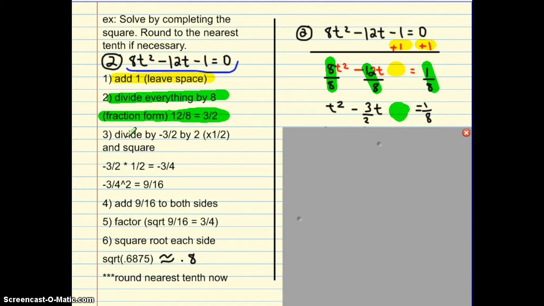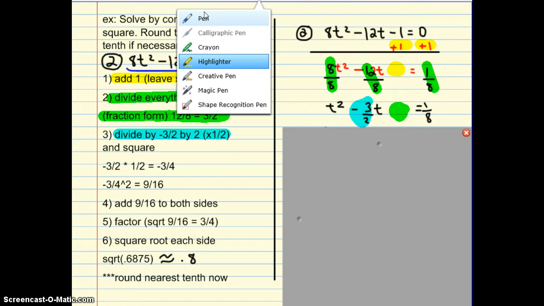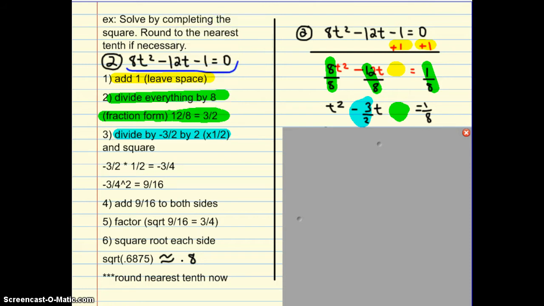Next, we're going to divide this negative 3 over 2 by 2, or multiply it by 1/2, and we're going to square it.